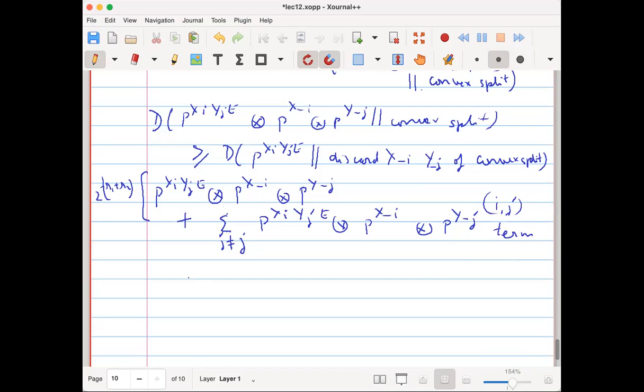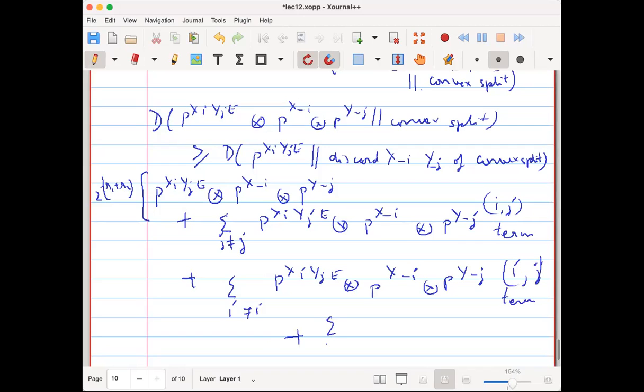That's why the sum over j prime not equal to j. Similarly, there will be a sum over i prime not equal to i. So it will be p_{x_i prime} y_j tensor p_{x_i prime removed} p_{y minus j}. This is the i prime j term. And then there are the others, where i prime not equal to i and j prime not equal to j.